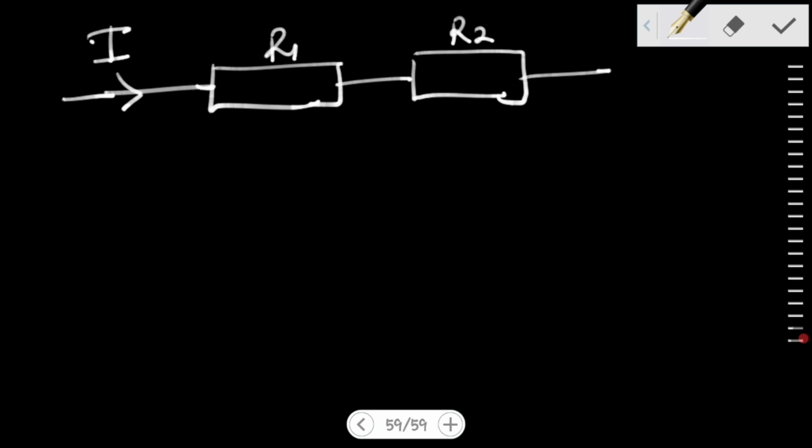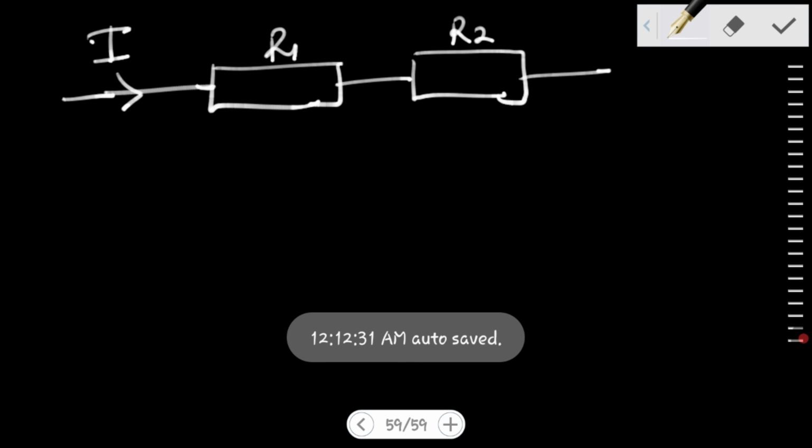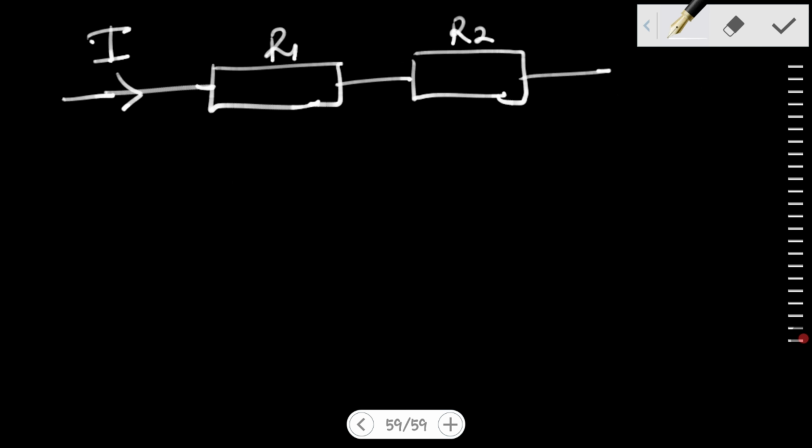Current is flowing through R1 and R2, but we know that current through R1 and R2 is the same. But the PDs are different, so the PD through R1 is V1, and the PD through R2 will be V2.